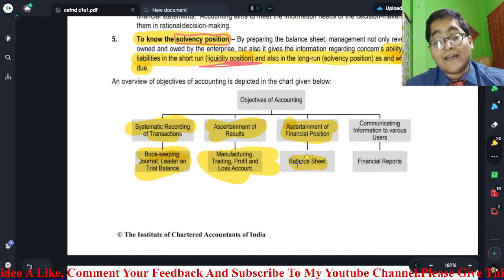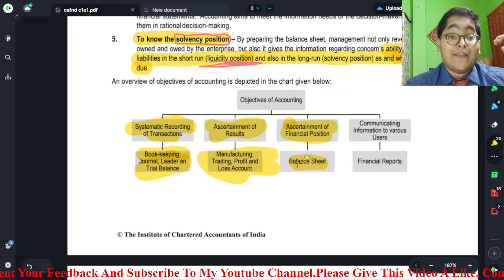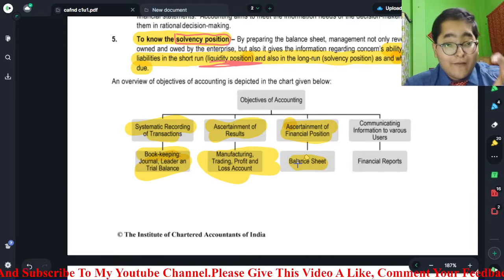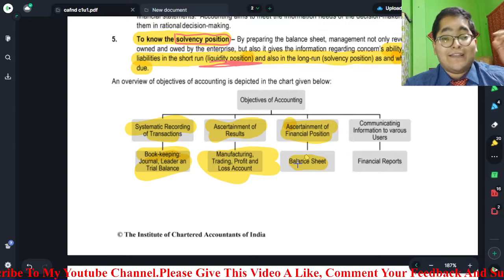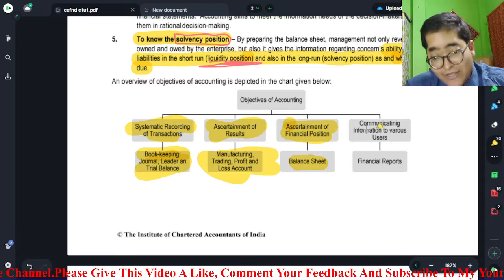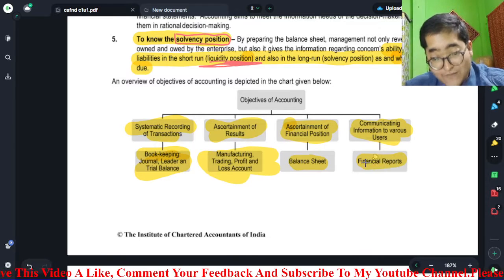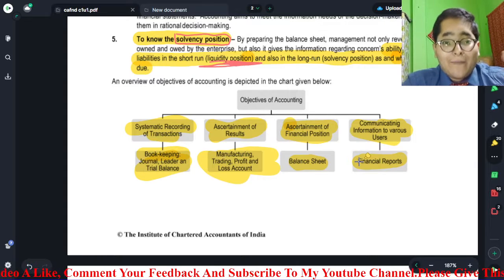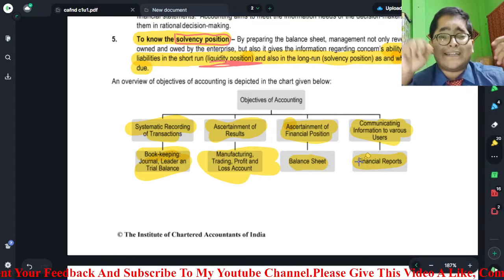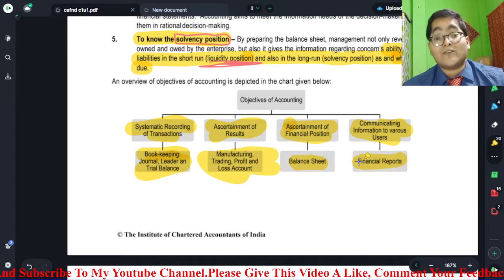Last comes communicating information to various users. The information collected through recording, summarizing, analyzing, and interpreting the financial information needs to be communicated. The communication is done through financial reports. For a very basic example, many of us invest in the stock market.